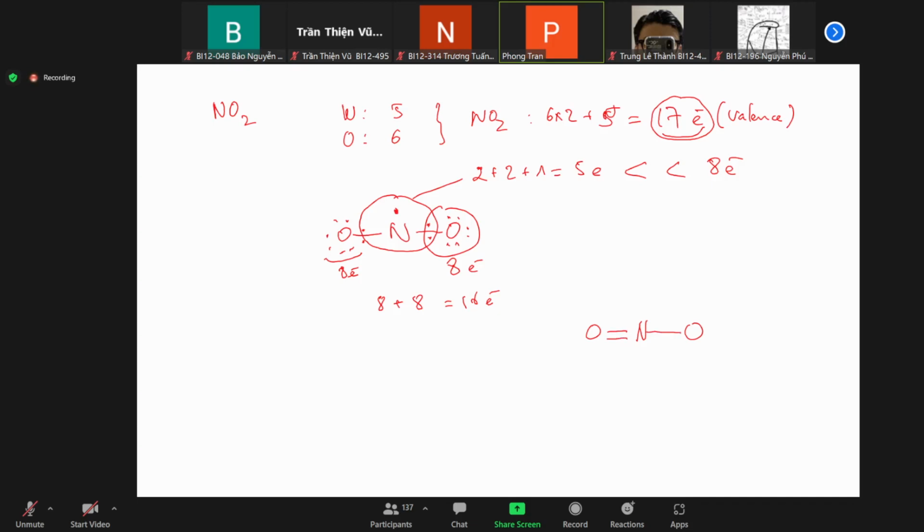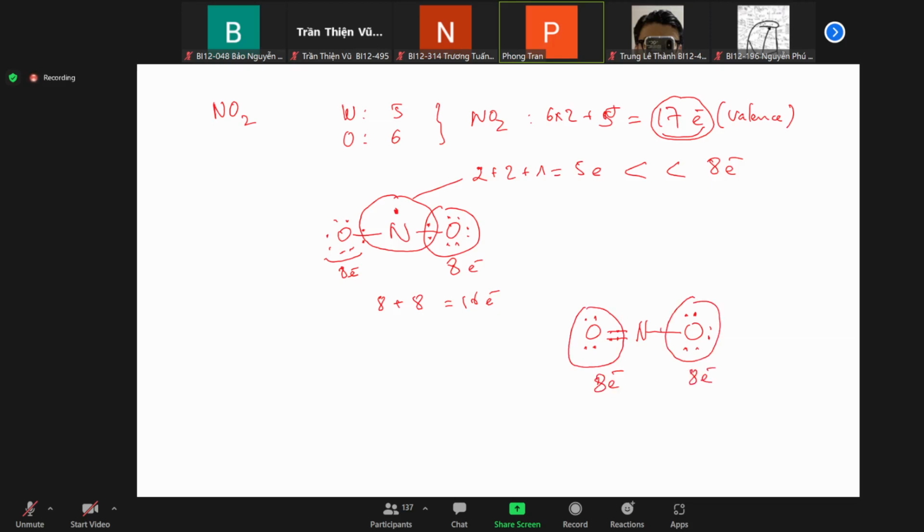Then you also complete the octet rule for oxygen. Here you still have 6 electrons, but you already have 4 electrons from the double bond, so you need only 4 electrons to complete the octet of the oxygen. So for this oxygen you have 8 electrons, and this oxygen you have 8 electrons.